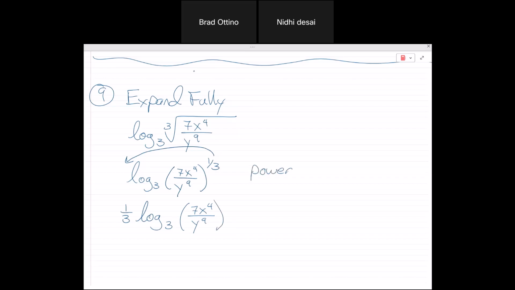So that's the power property. And remember, right here was the property where a fractional power means the nth root of x to the m power. So step by step, that's what we're doing here.